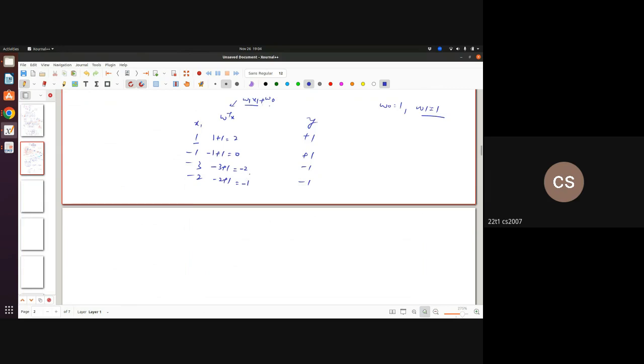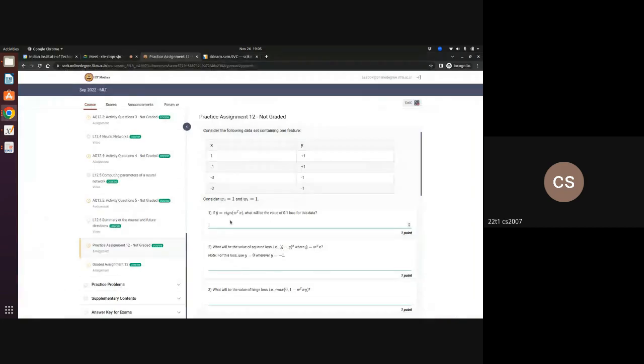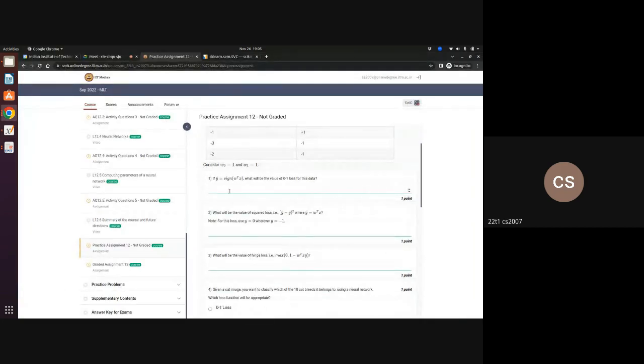Now, in 0-1 loss, we look at the sign. Greater than or equal to 0 is plus 1, and then minus 1, minus 1. The sign is matching in all cases. So the loss is going to be 0, right? The 0-1 loss for this particular data is going to be 0. The answer will be 0.